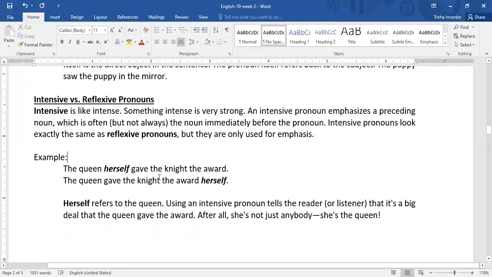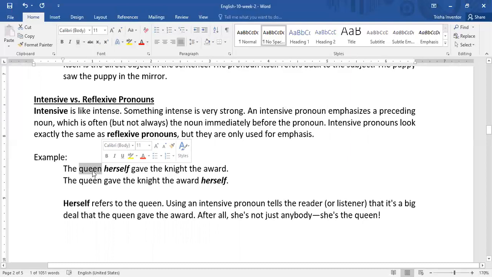For example, this sentence: the queen herself gave the knight the award. So, herself is the intensive pronoun. The intensive pronoun emphasizes the noun before it, which is the queen.